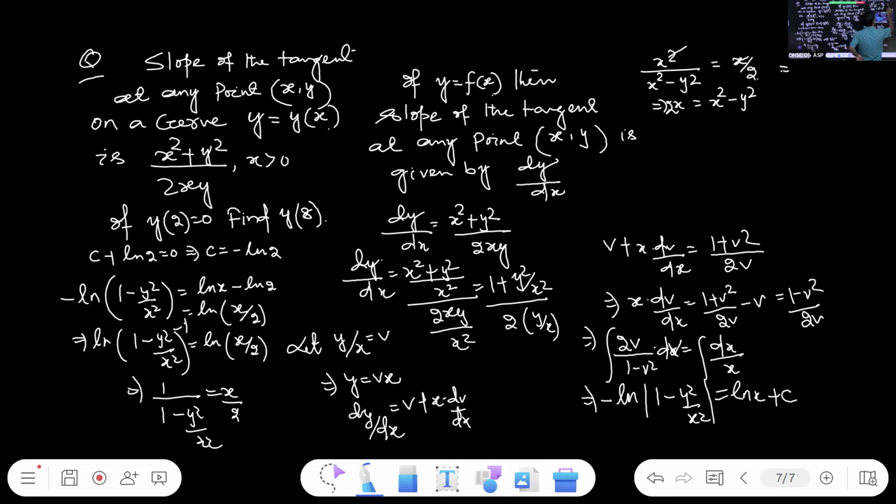So y square is equal to x square minus 2x. Now put x is equal to 8. If you substitute x is equal to 8, it will be 64 minus 16 is equal to 48. So y will be root 48, which is equal to 4 root 3. So the value of y of 8 is 4 root 3.